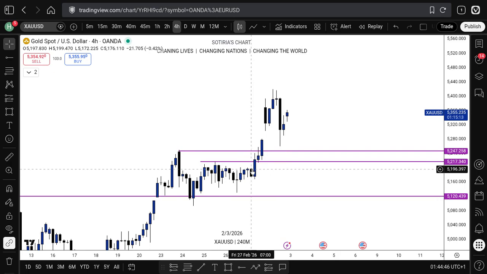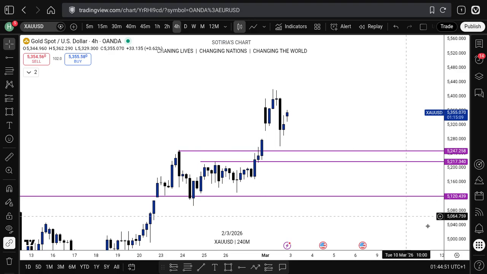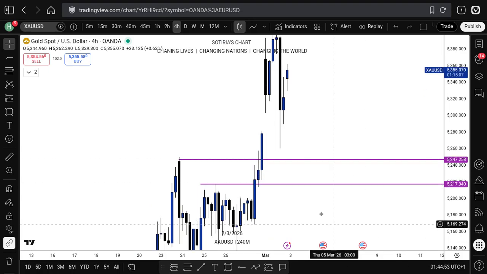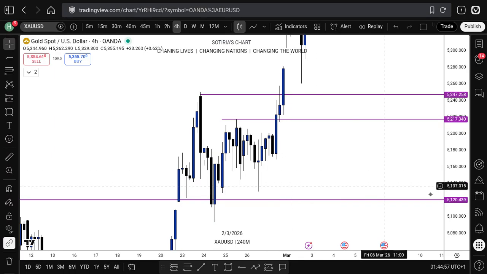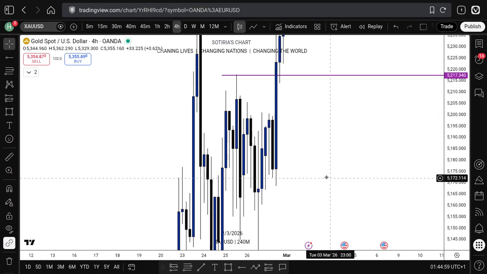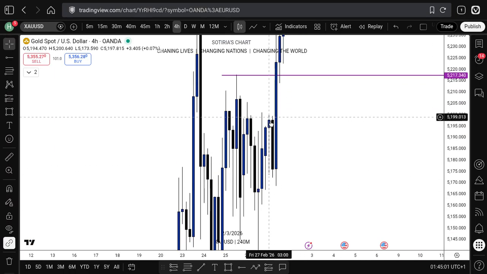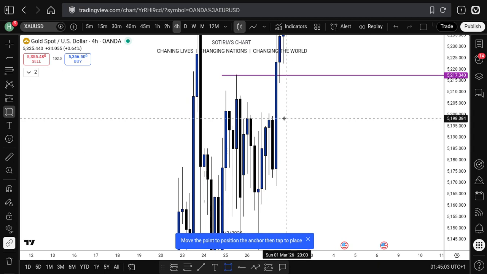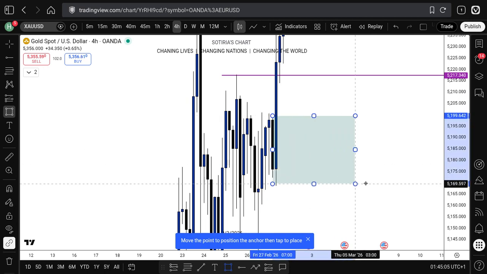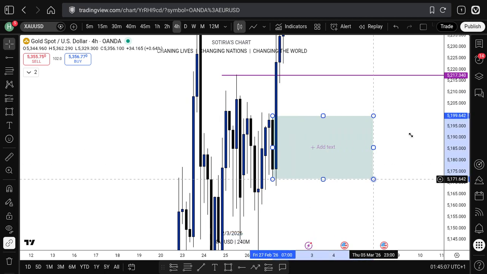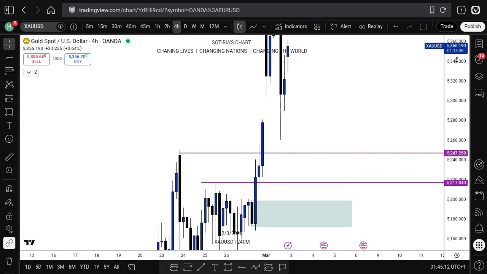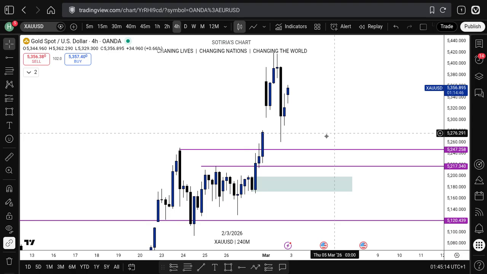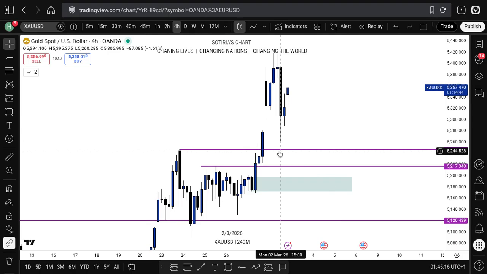We have the last valid order block here, but we'll have to wait for price to give us an inducement before we take it. So there has to be an inducement before we engage on this. This is what I have on gold. So that is all for gold.